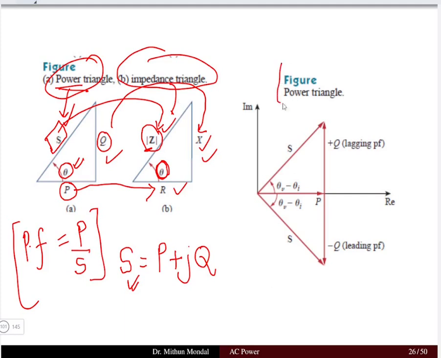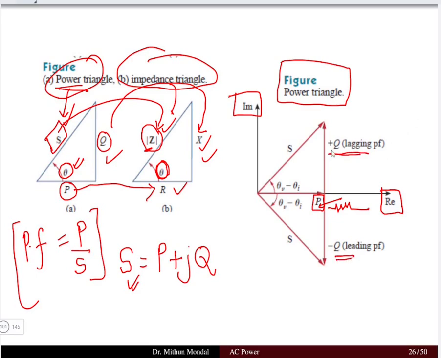Now the power triangle: if we give the real value on the x-axis and the imaginary value on the y-axis, then on the real part we have only the real power, that is the useful power or the average power. This is dealing with the resistance R. The imaginary part can have a lagging or leading power factor.